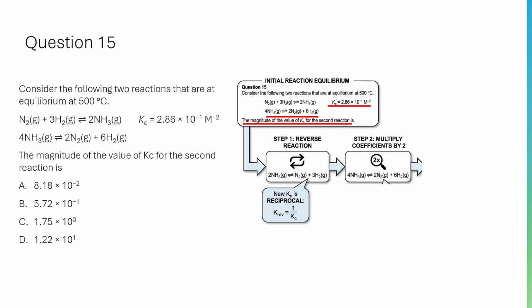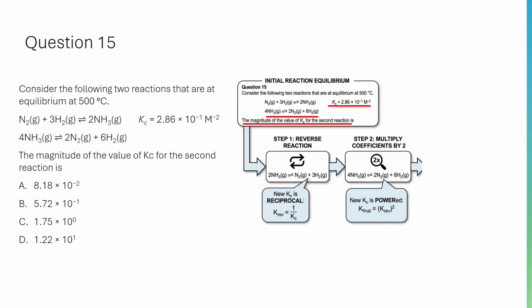Step 2. Coefficient scaling. After reversing the reaction, we apply a second transformation. In the box labeled Multiply Coefficients by 2, we see that all molar coefficients have been multiplied by a factor of 2. For instance, the original 2 moles of NH3 become 4 moles, and the single mole of N2 becomes 2 moles.